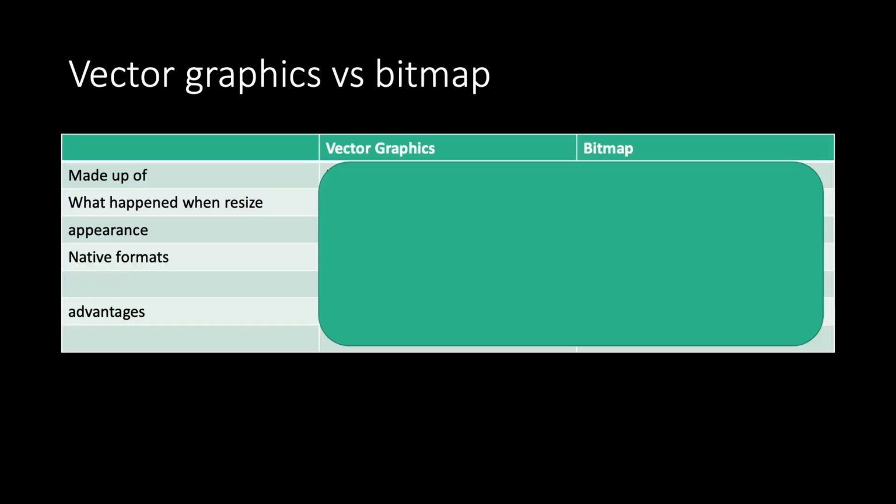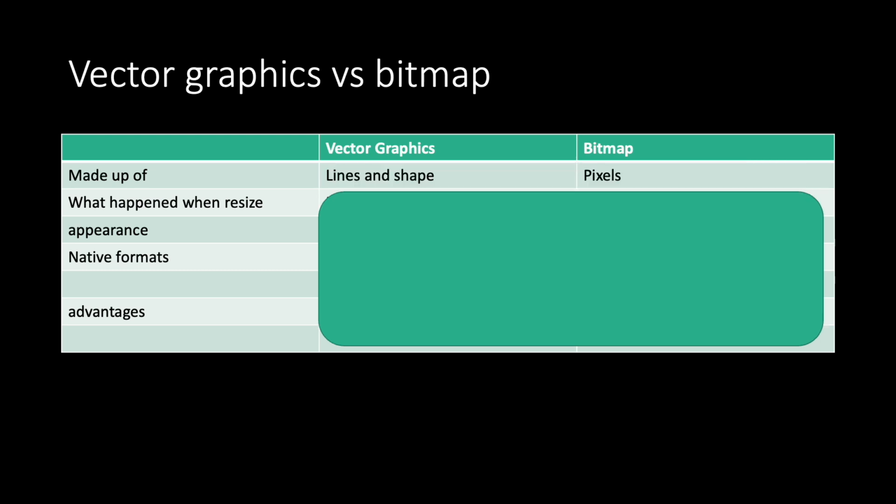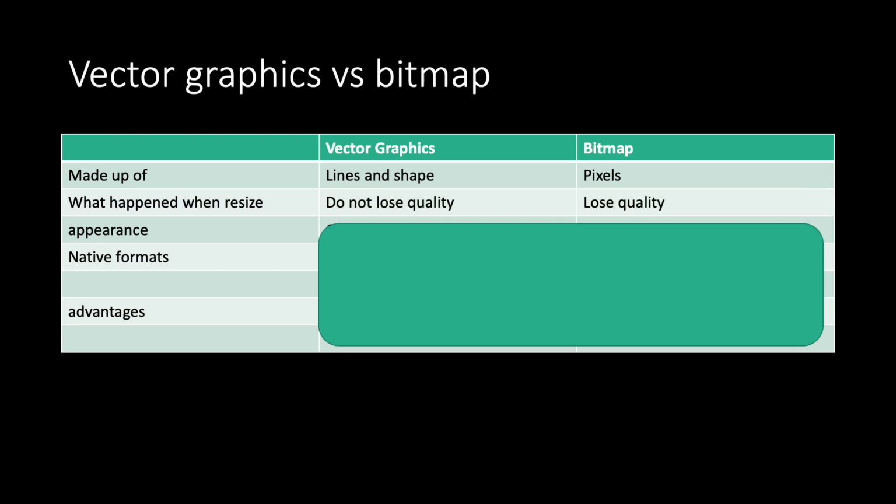Let's get started. Vector graphics are made out of lines and shapes, and bitmaps are made out of pixels. What happens when resized? Vector graphics, the quality is the same. Yeah, and bitmap will lose quality.